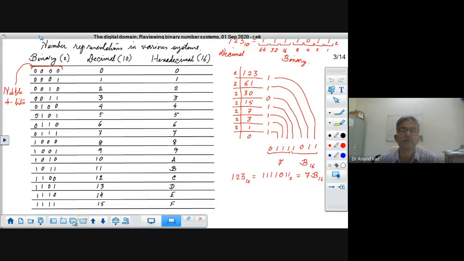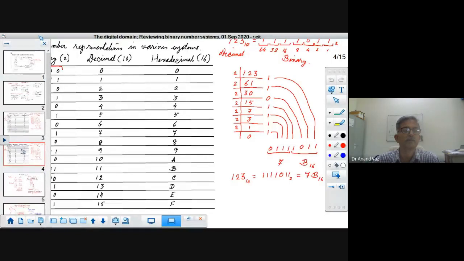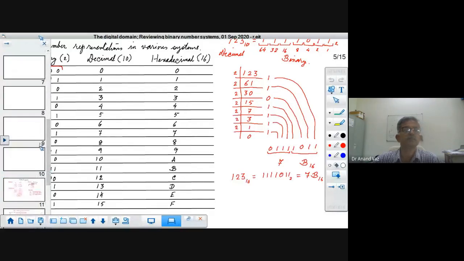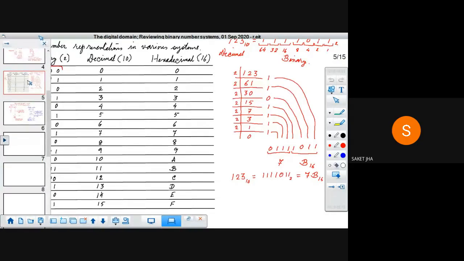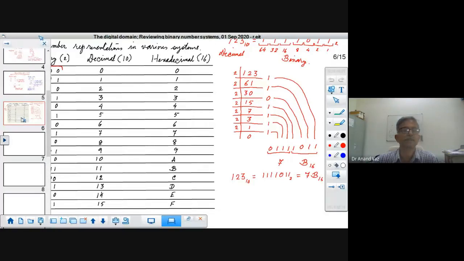Make a copy of it, and we'll again shift this slide a little below. We can place it here.